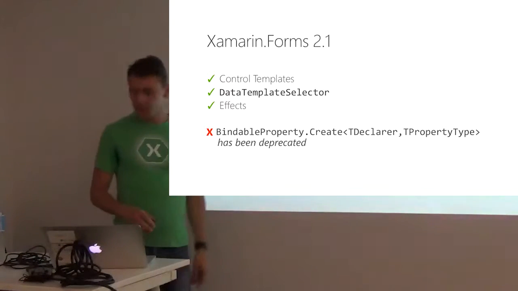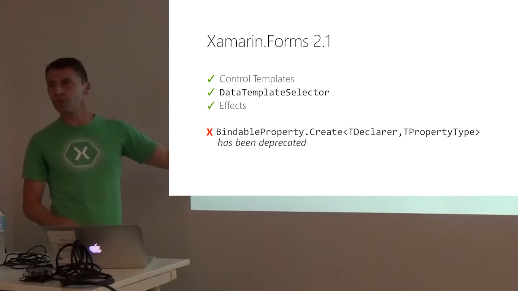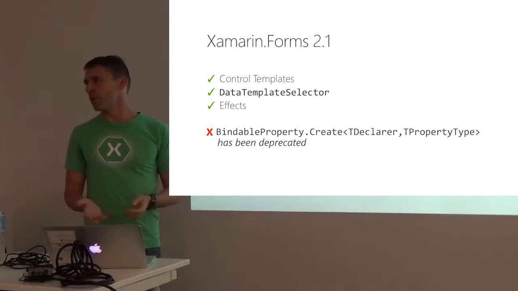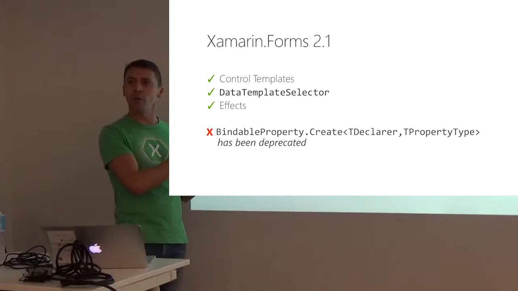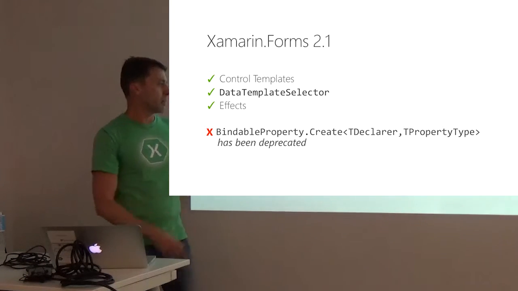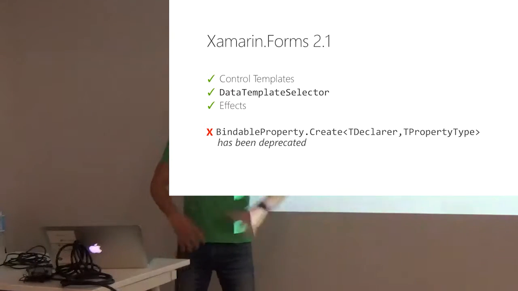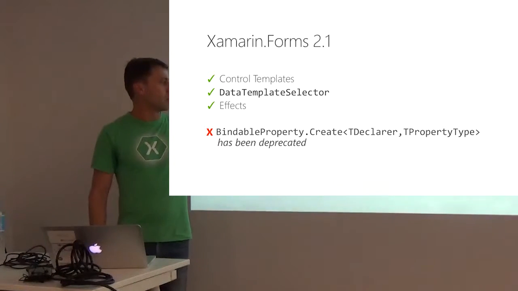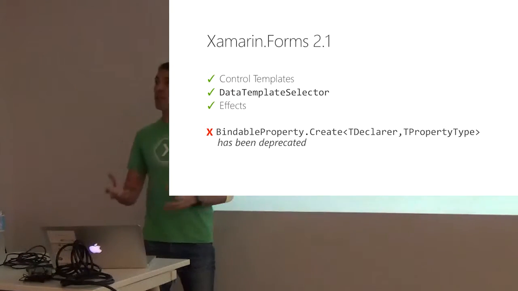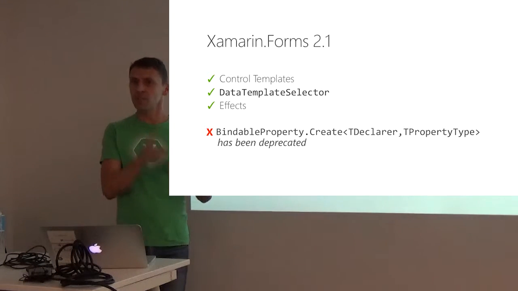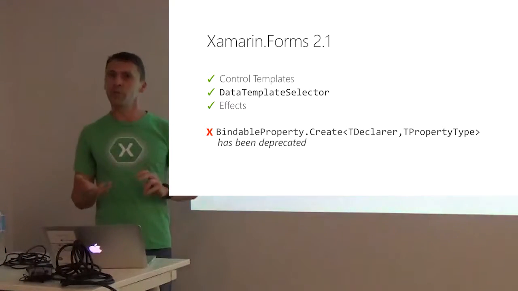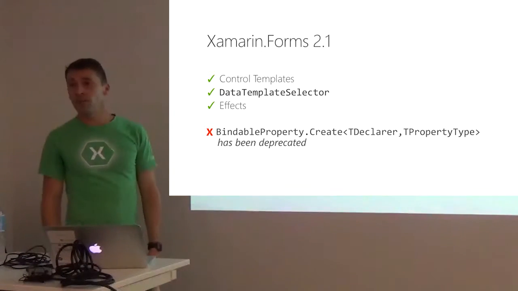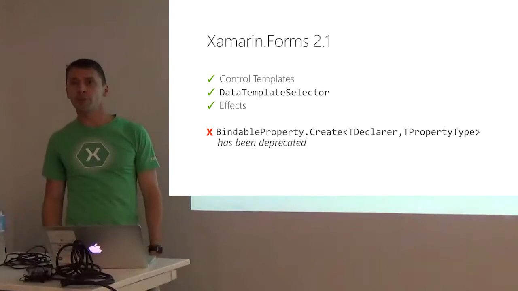So the generic Create method with the two generic type parameters was bloating user code, for the reason that I was trying to explain earlier when I talked about AOT versus JIT, because these two types are fairly unconstrained. So when we're building your app for iOS, we're AOTing a lot of Create methods, just in case your code needs them. So for that reason, we've taken the method out to discourage people from using it.